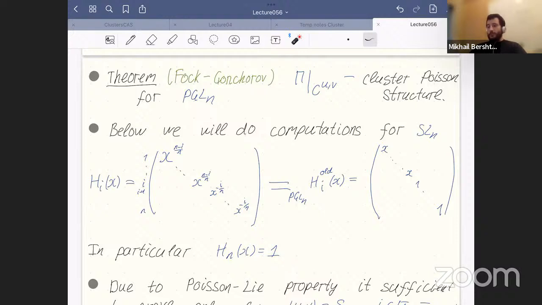So I'm doing the computation not on PGLN but on its cover SLN, and using functions which are defined up to the Galois group, up to some roots of unity. But when you restrict everything to the functions which are invariant under this Galois group, then these are actually functions on PGLN, and hence we proved the formal statement for the bracket on PGLN. Okay.